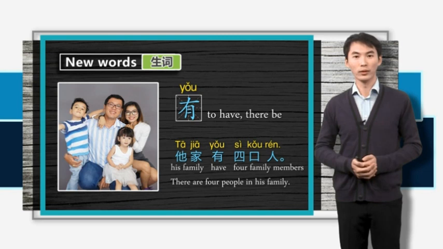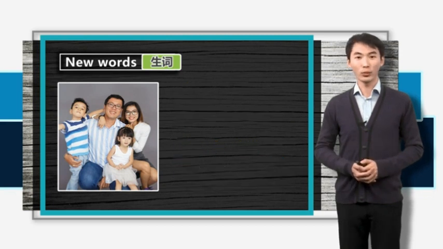跟我读他家有4口人。他家有4口人。Very good. And how do we ask the question? How many people are there in his family?